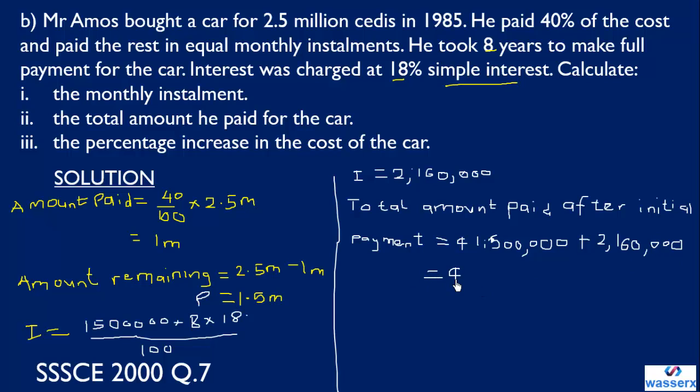So the total payment after the initial payment becomes 3,660,000. So this is in Ghana cedis.